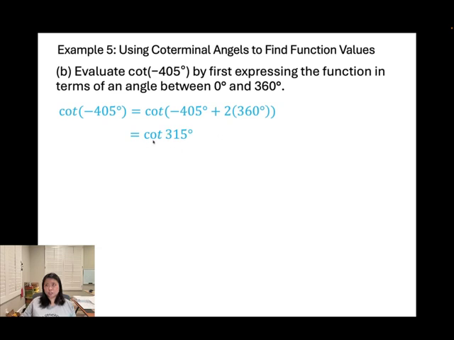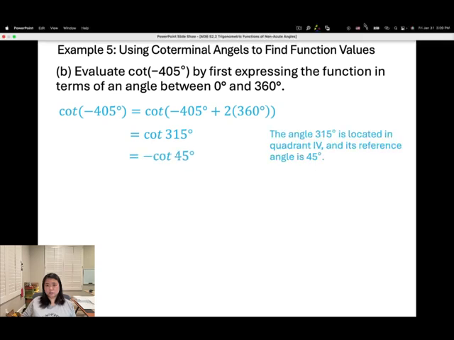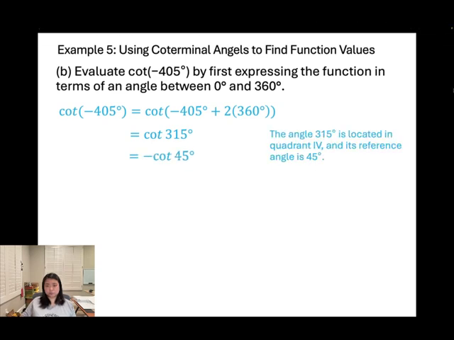And cotangent in quadrant 4 will be negative, so negative cotangent 45. Cotangent 45 will be equal to 1, so that will be negative 1. Make sure you show me all the work on the exam, okay?